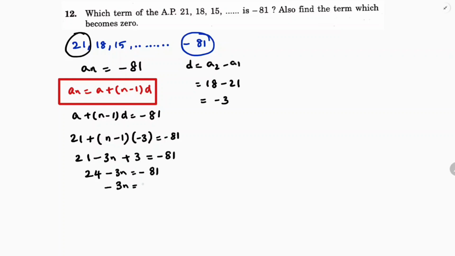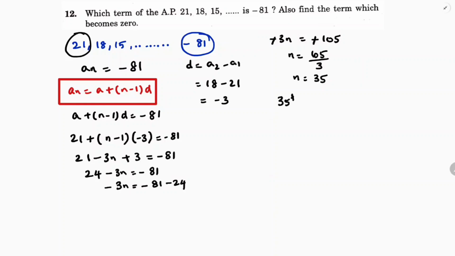Minus 3n equals minus 81 minus 24, which is minus 105. Minus minus will get cancelled. So n is equal to 105 by 3. n is equal to 35.